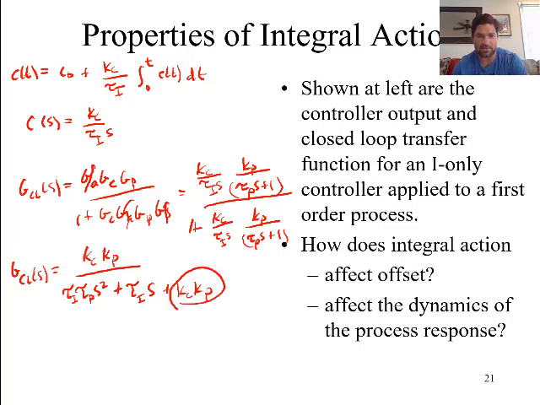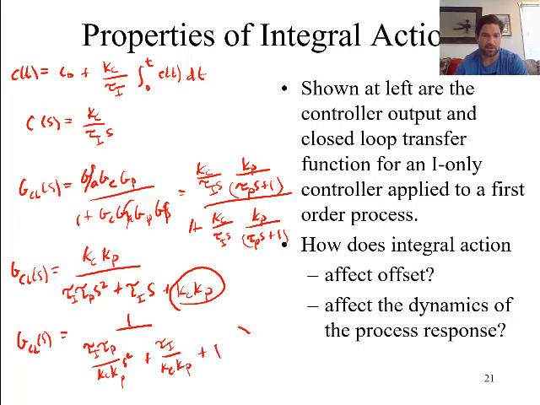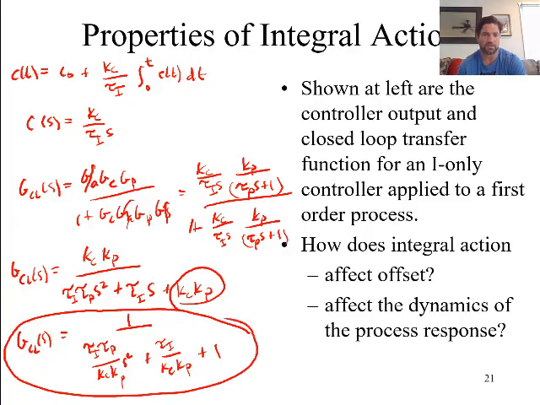We need to get a 1 right here, so we need to divide the top and the bottom by Kc Kp. So on the top we have 1, and then on the bottom we have tau I tau p over Kc Kp s squared plus tau I over Kc Kp s plus 1. So this is our standard form of the closed loop transfer function for an I-only controller for a closed loop feedback process.